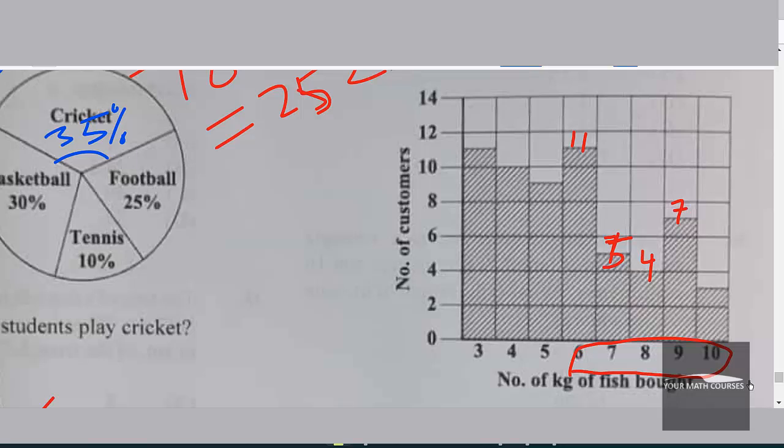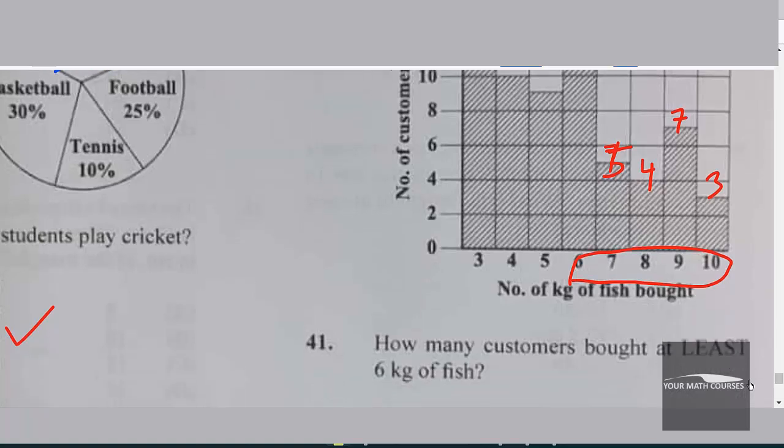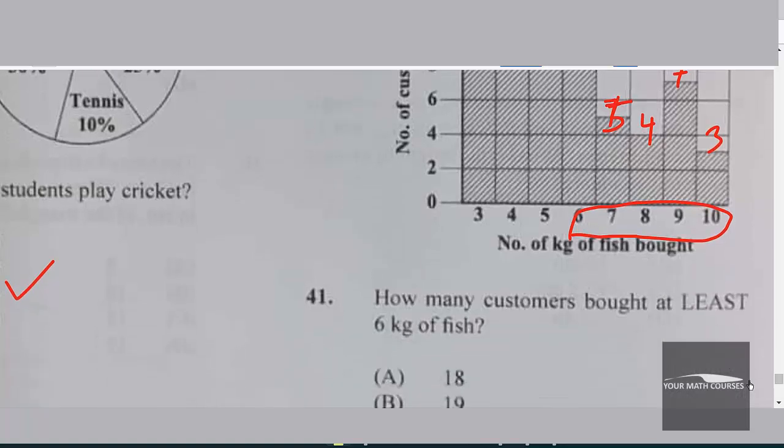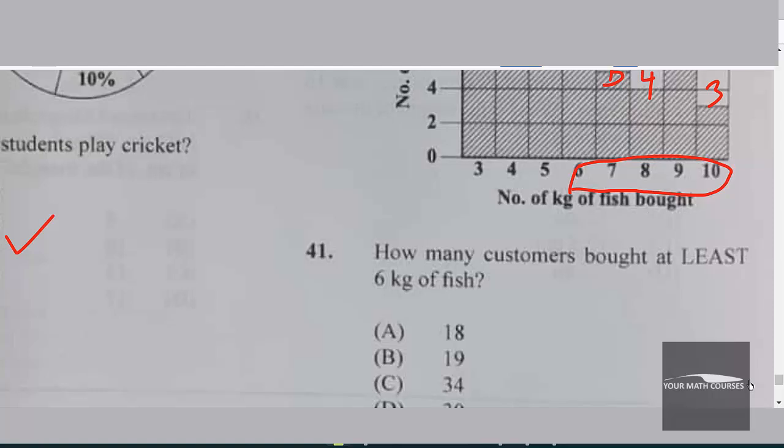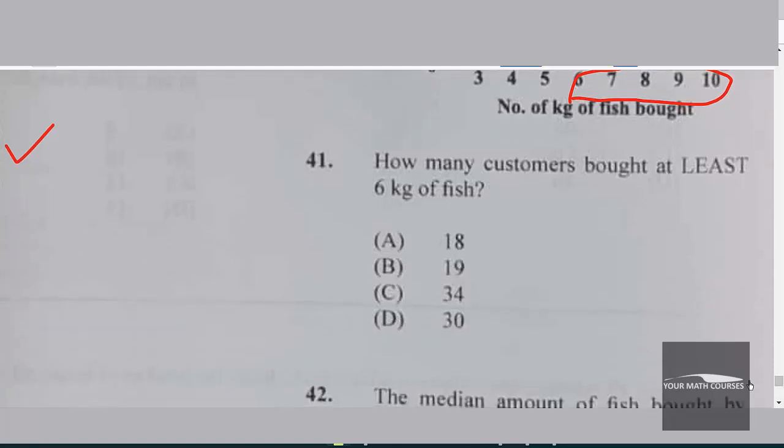Then we have 3 here. So let's add all of them. 11 plus 5 is 16 plus 4, 20. 20 plus 7 is 27 plus 3 is 30. So it means we have 30 as the correct answer.